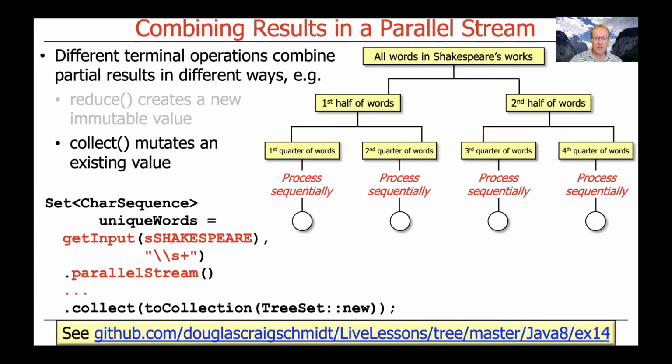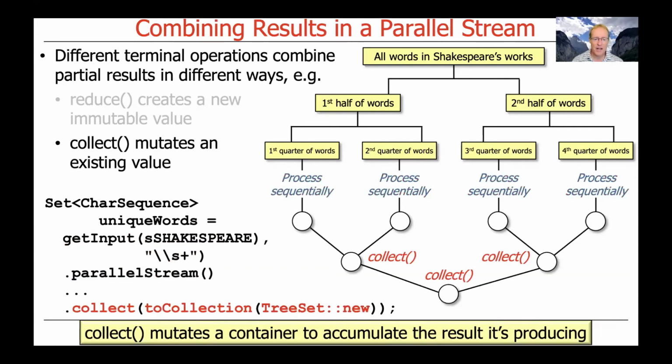And then we're going to go ahead and start collecting the results back together again. And you can see here in this particular case, we're going to be storing the results into tree sets. So we're going to be using the toCollection factory method on the Collectors utility class. And we're passing in the TreeSet constructor reference, and that will go ahead and create tree sets. And as you can see here, there's actually going to be multiple tree sets created.